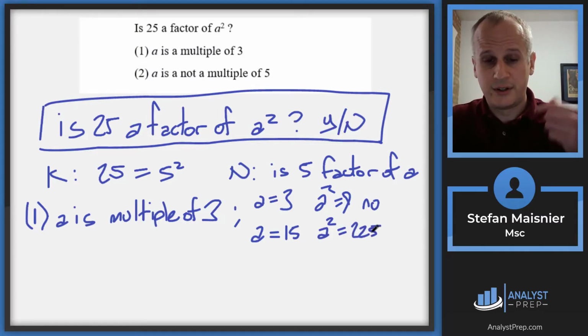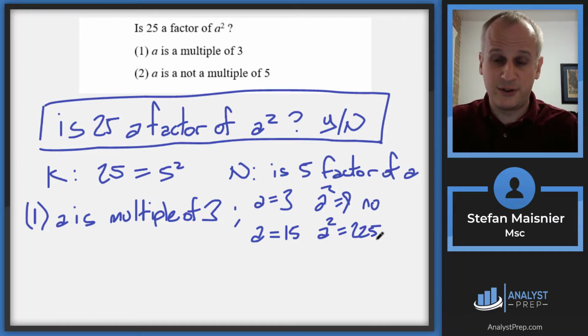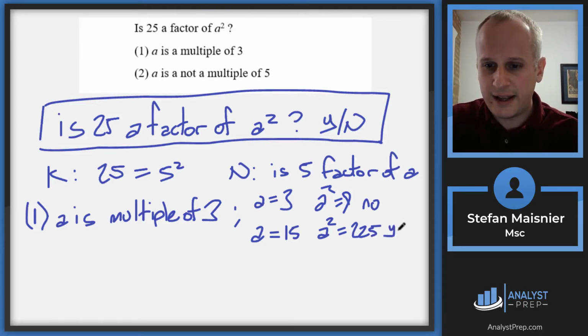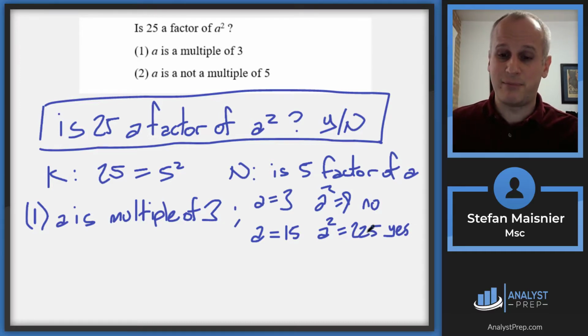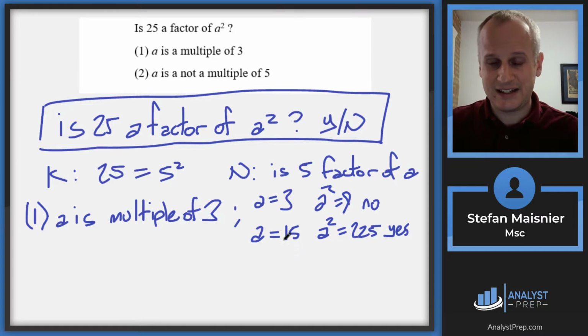And of course, 25 is a factor of 225. 25 would go into 225 9 times, and we'd have a yes. And if we've got both a no answer and a yes answer to our question considering the condition, we know that our first condition is not sufficient, so our options remain B, C, or E.